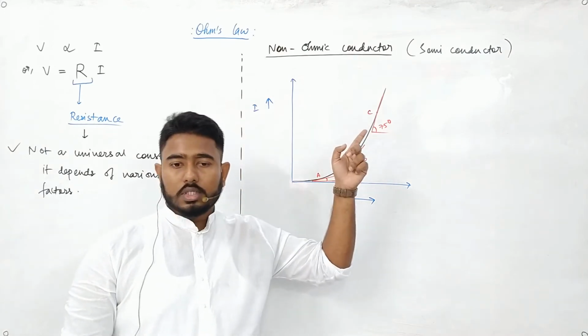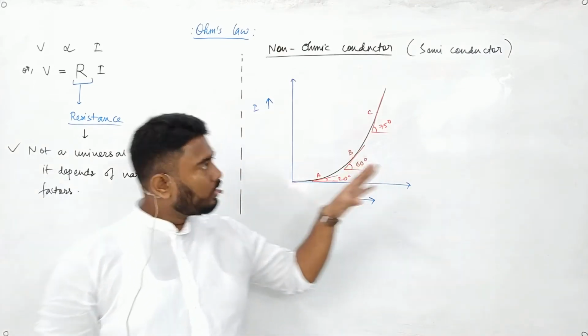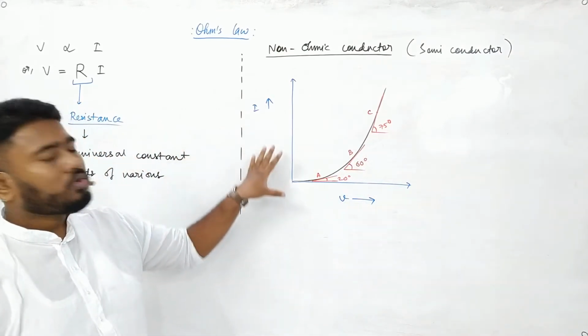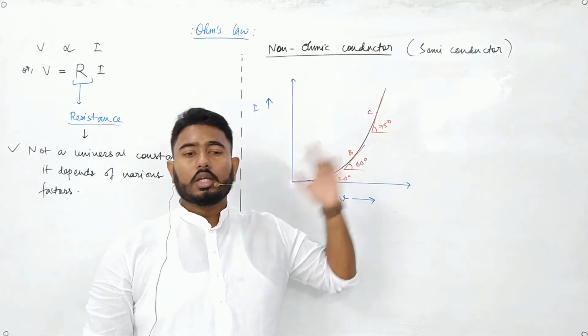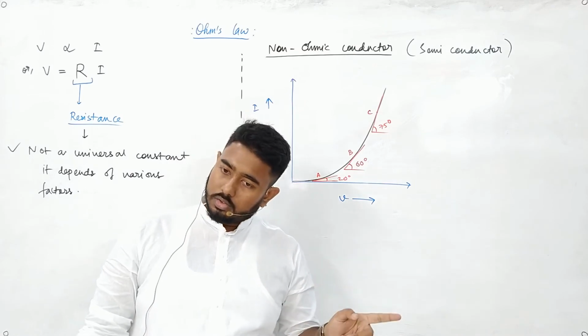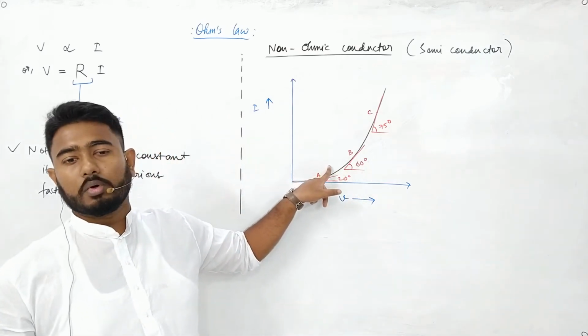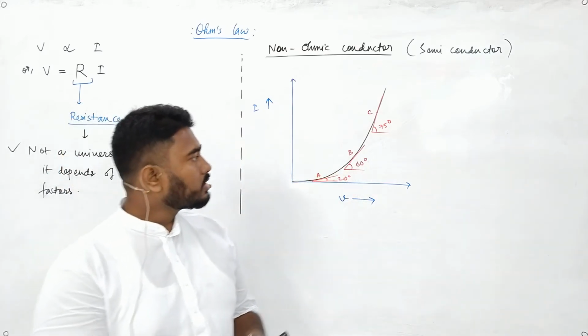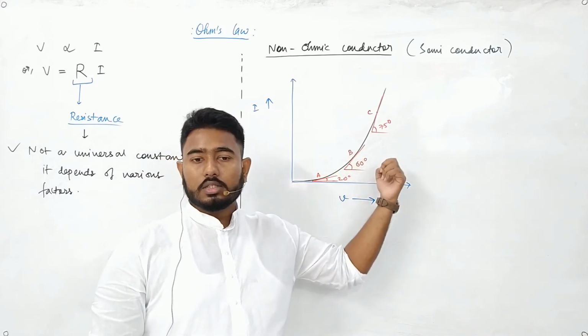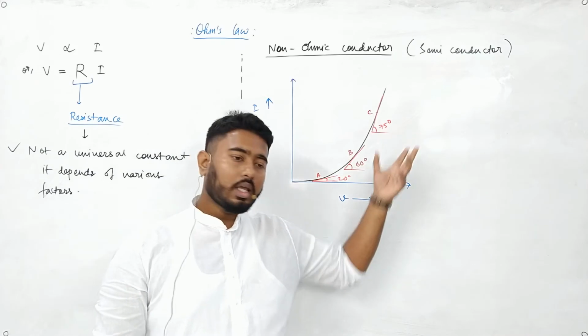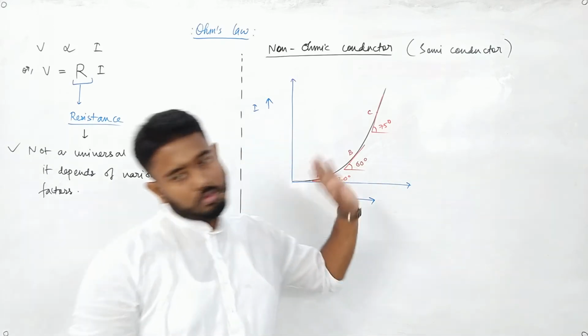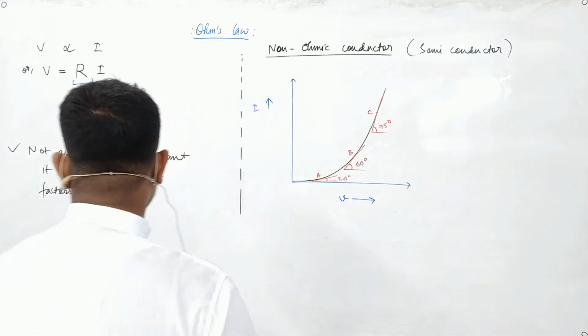So is the slope constant? No, it is changing. So in case of non-ohmic conductors, if the slope is changing, the resistance will also change, because resistance is actually the slope of the curve. So in this case we need to find out various differences in voltage and current, and we will find out the resistance at every point. It is not in your syllabus, you don't need that. Now do a question.